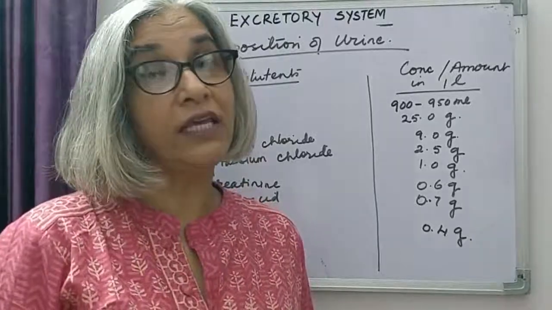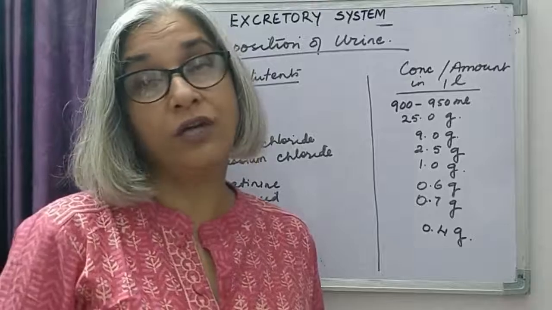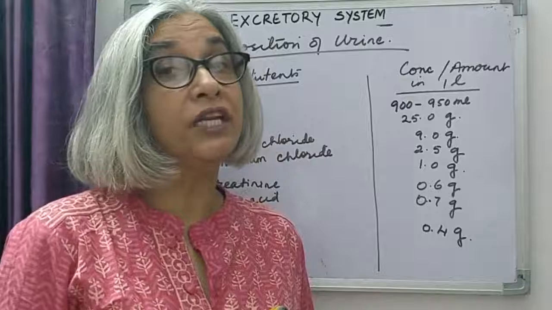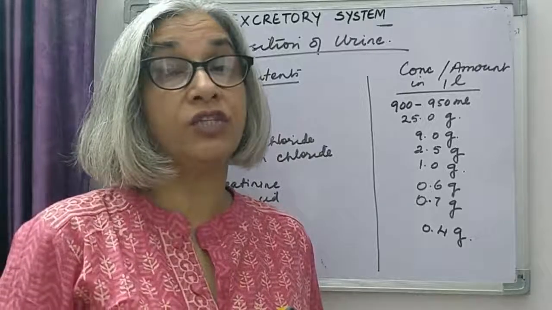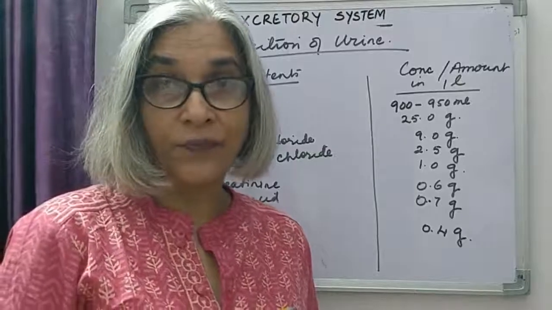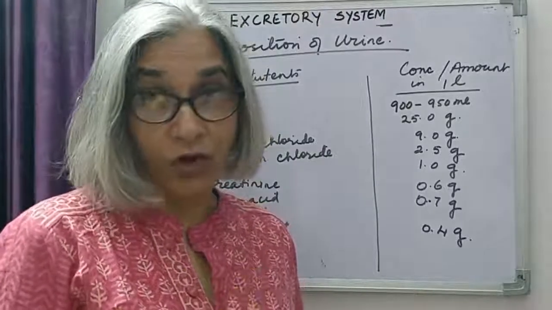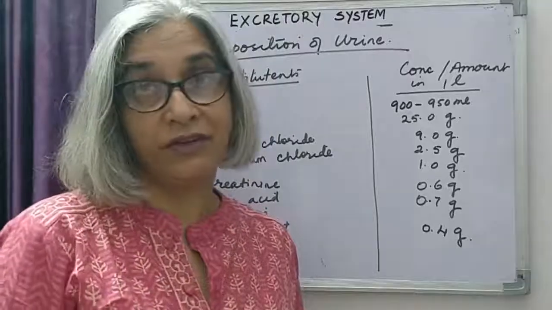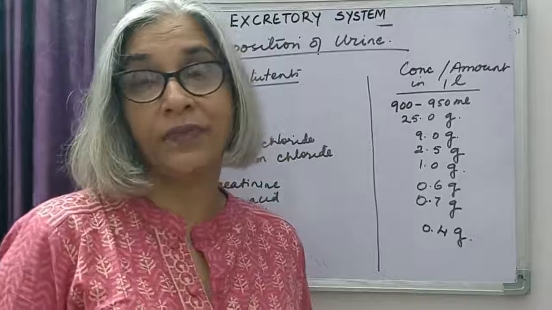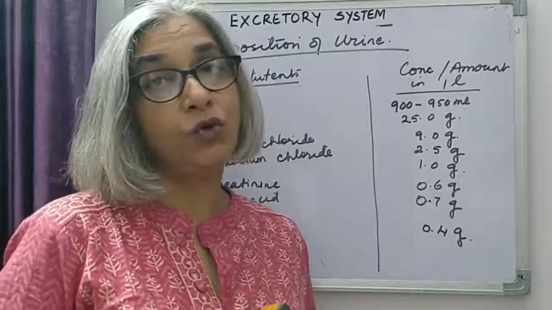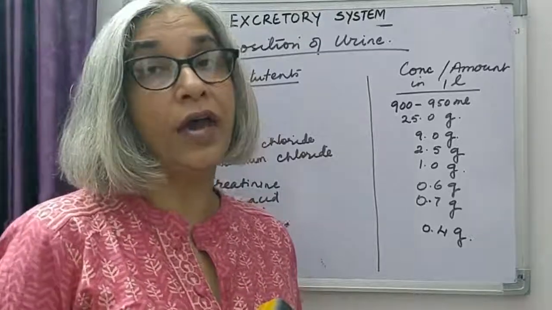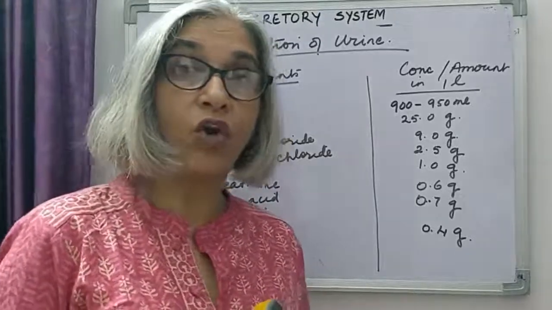Second hormone is aldosterone. Aldosterone is a hormone produced by the cortical region of the adrenal gland. Kidney has an outer cortical region and an inner medullary region, and when I was teaching you the excretory system, I told you there is a cap-like gland on the anterior end of the kidney called the adrenal gland.